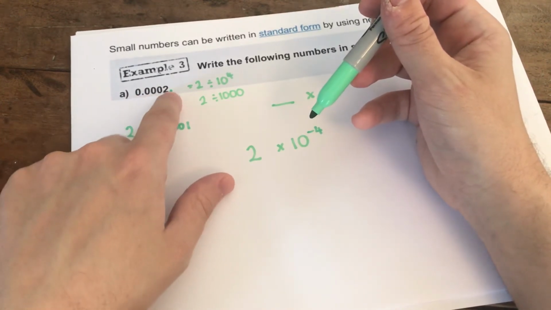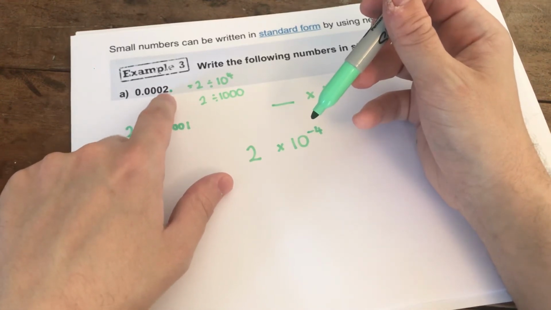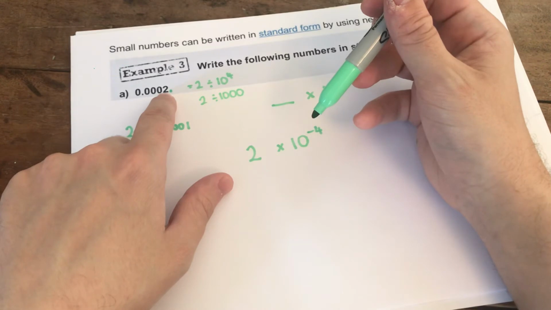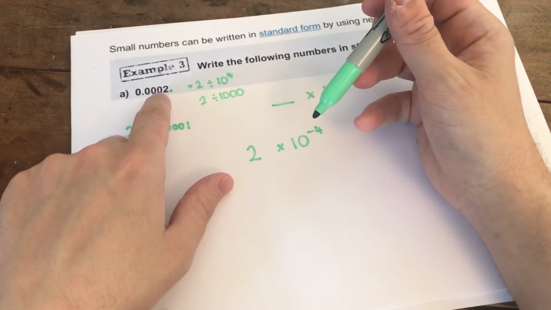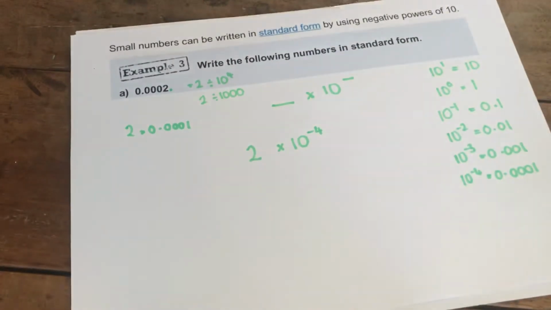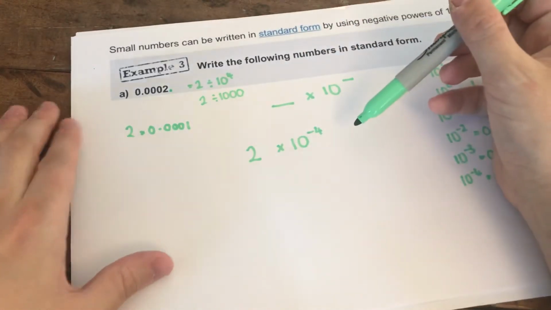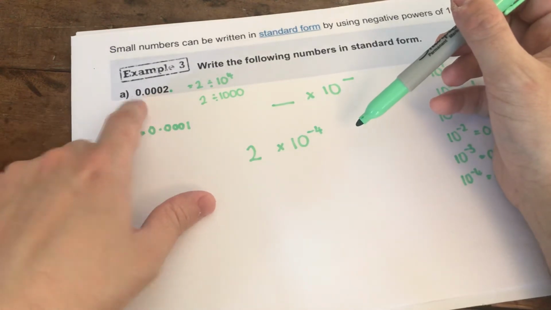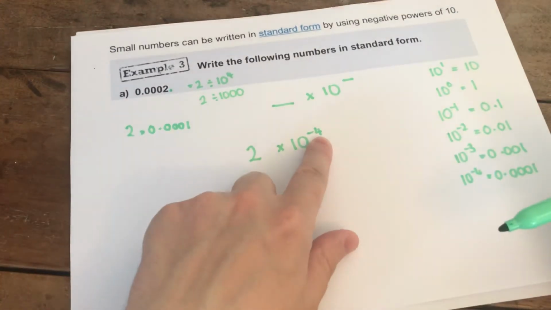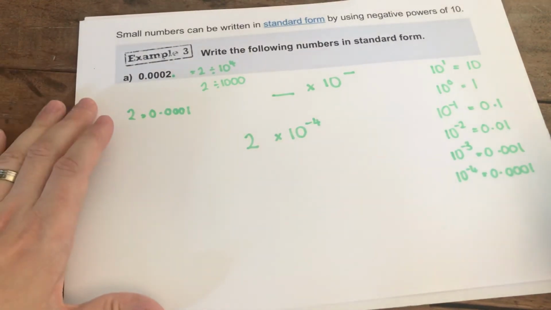I'd have to times it by 10, 1, 2, 3, 4 times, so it's going to be to the power of minus 4. Some people notice that on negative powers there's the same number of zeros as the power. Some people spot that pattern. It's up to you how you would do it.